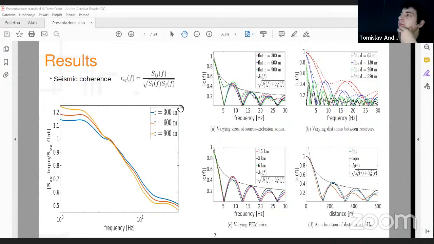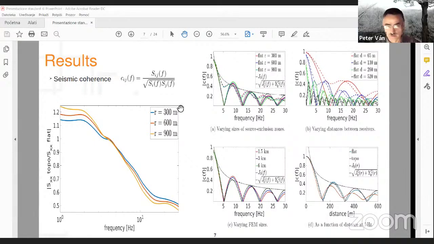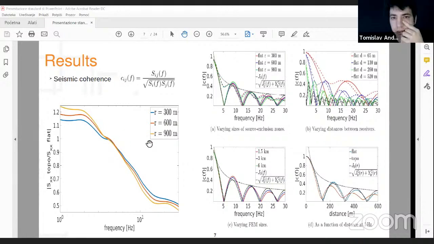Anisotropy we could have implemented, but I'm not sure what the effect would be. But I think for this kind of simulation in SPECFEM3D, it doesn't even support attenuation yet, so you cannot implement it easily. Yeah, I see. Maybe it will be improved, so it will also support attenuation. Okay, thank you.